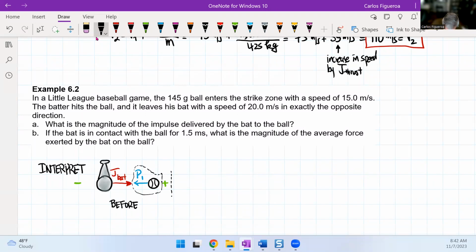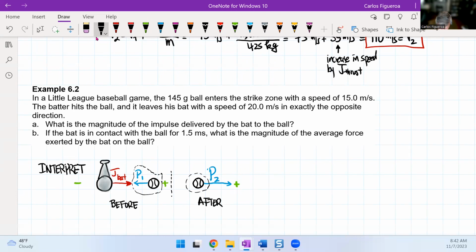Then afterwards, the ball is now moving in the opposite direction, and according to the speeds here, the momentum P2 is now higher, but it's now going in the positive direction. So I'm setting up this before and after, where I'm only focusing on the ball itself.